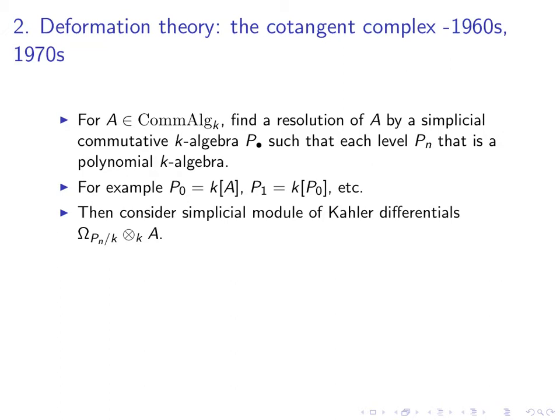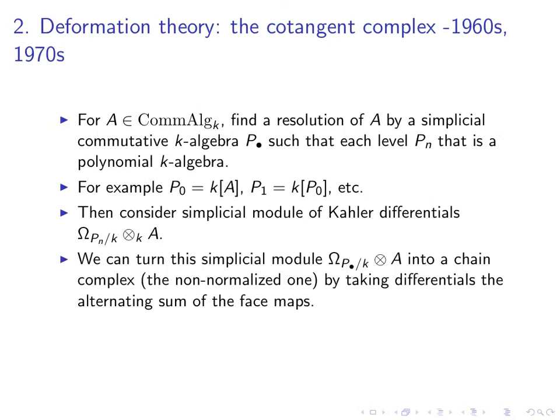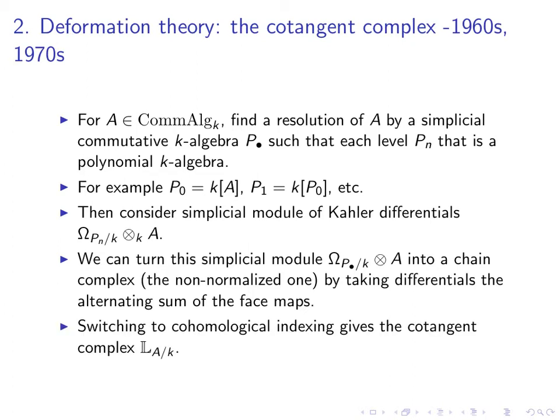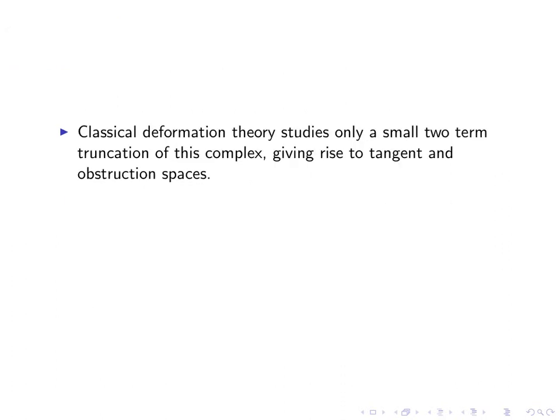And then consider the simplicial module of Kähler differentials. And then we can turn the simplicial module into a chain complex by taking the differentials to be the alternating sum of the face maps. And then switching to cohomological indexing gives the cotangent complex of A over K. And well, what does this do for us?